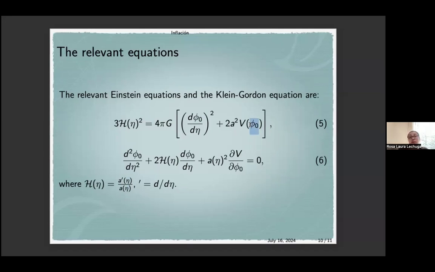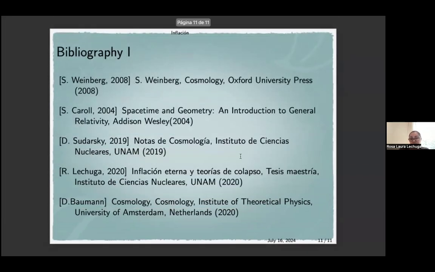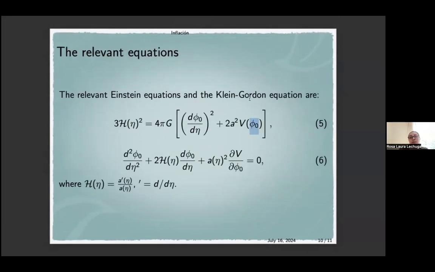It's completely different. If you try to get the equations for the full field, you're going to get different equations. Those equations are only for the zero mode of the inflation field. And in this case, you need to consider some assumptions.